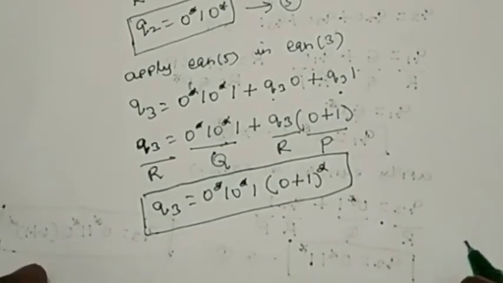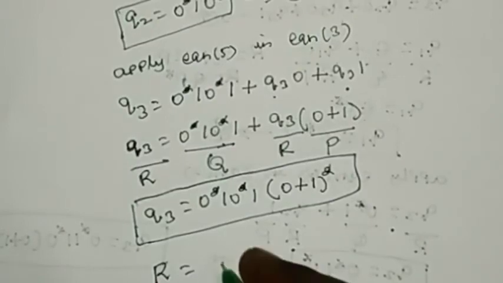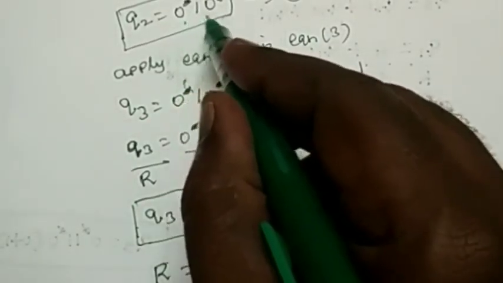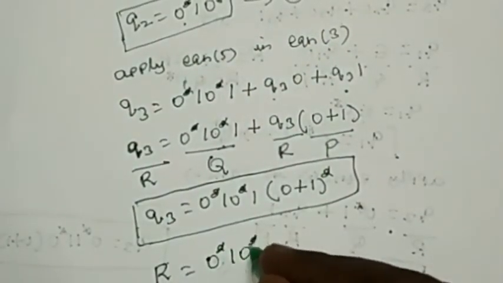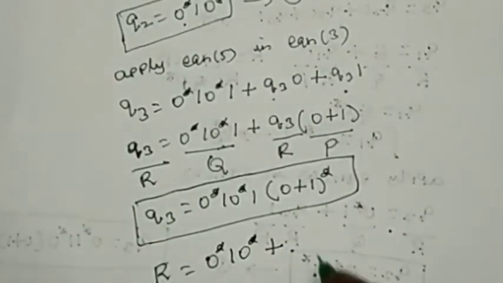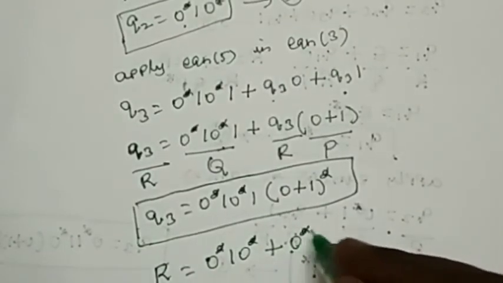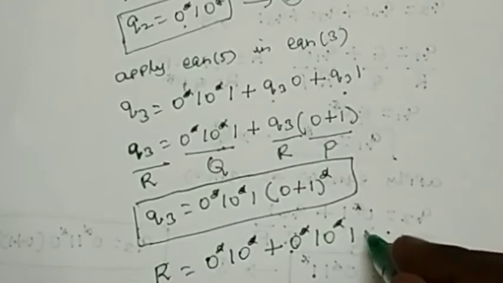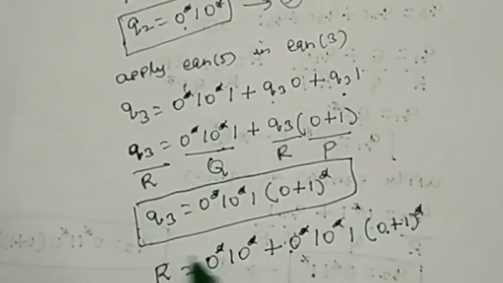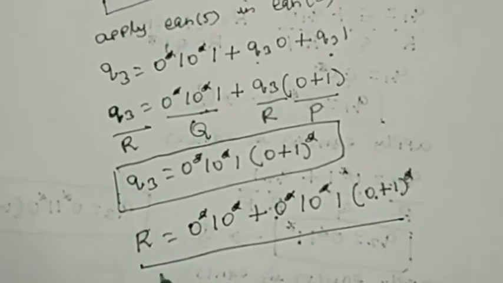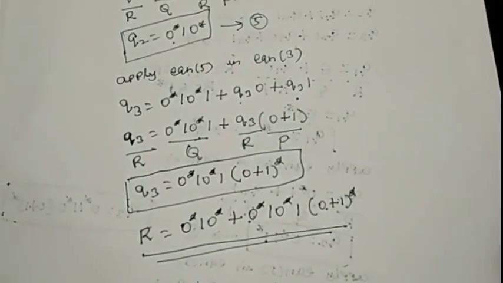The final regular expression is 0 star 1 0 star plus 0 star 1 0 star 1 (0 plus 1) star. This is the final regular expression. So if you have more than one final state, you have to club the solutions together.